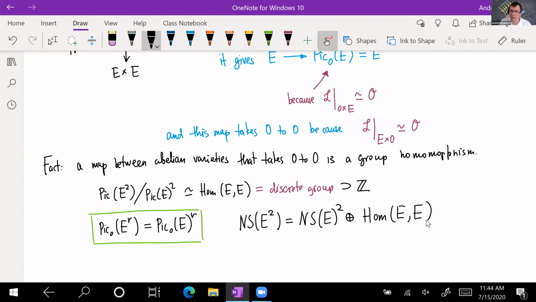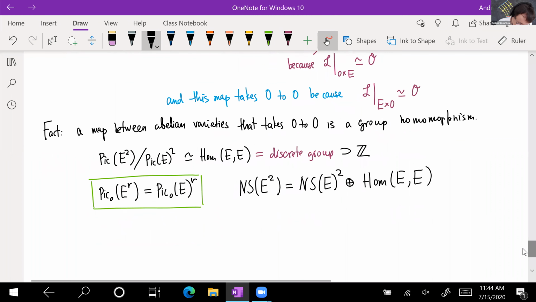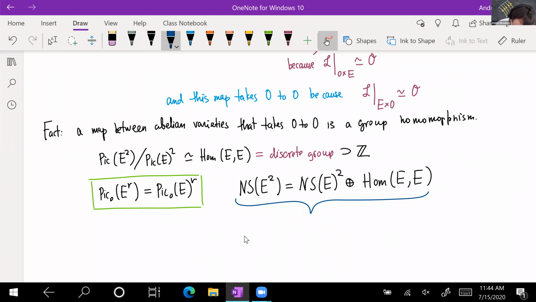And the way to phrase it invariantly is that the Néron-Severi group of a square, those are the homomorphisms from E square to E square, which are symmetric.